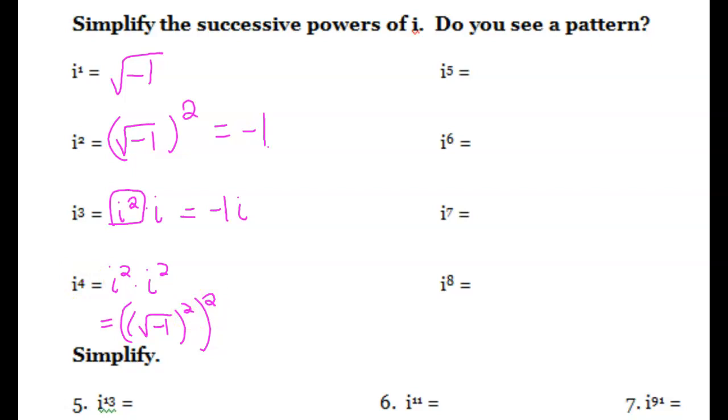Either way, I get negative 1 times negative 1, or I get negative 1 squared, which means i to the 4th is 1.